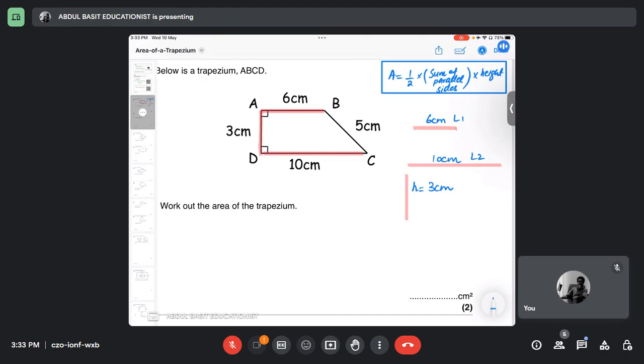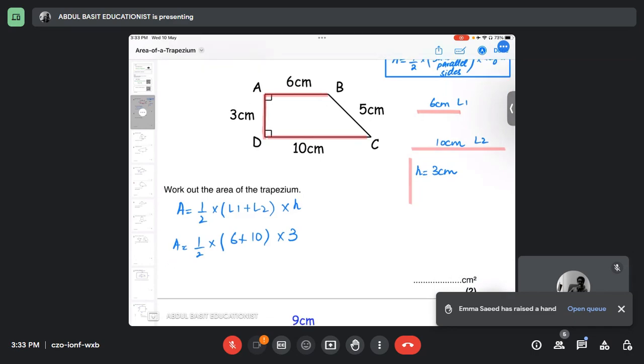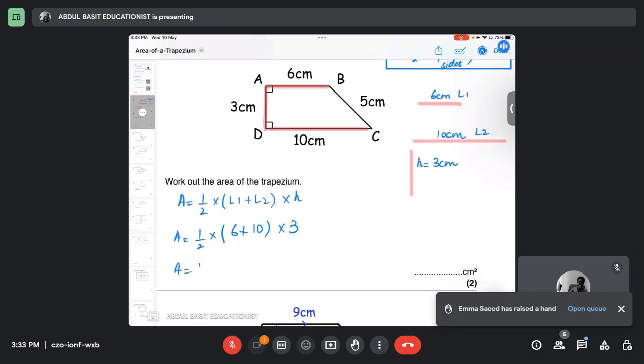So just let me write the formula. So formula is half multiplied by L1 plus L2 times height. So bracket L1 is 6 plus L2 is 10 and the height is 3. So A is equals to 1 by 2 times 6 plus 10 is 16 times 3.